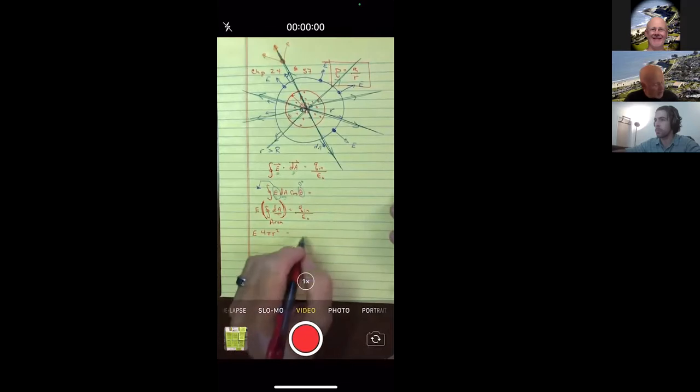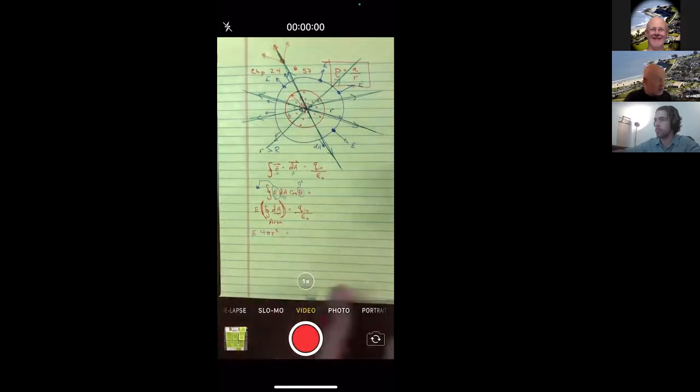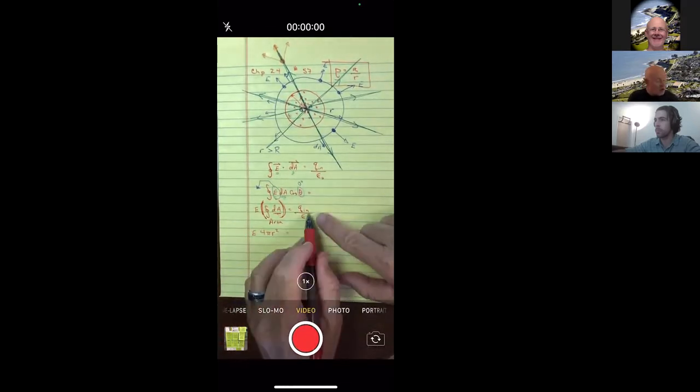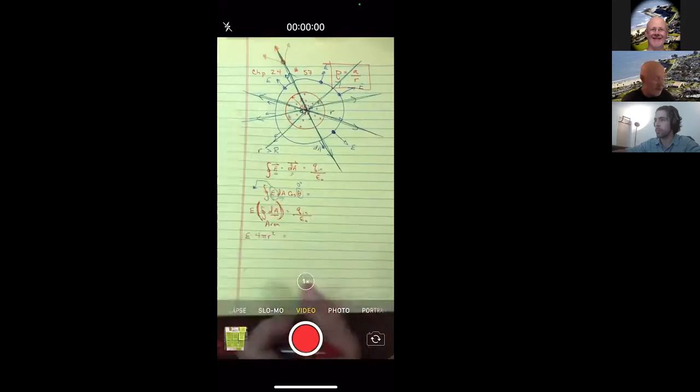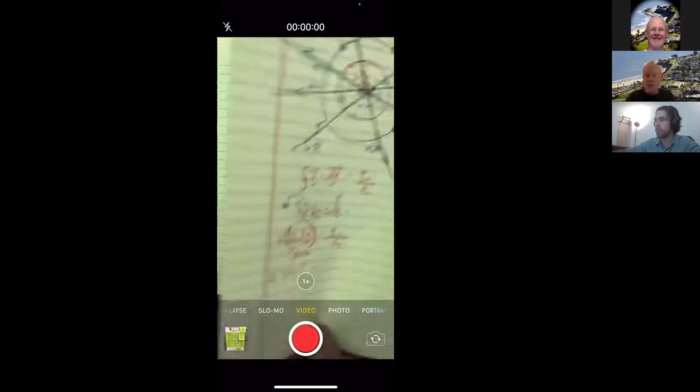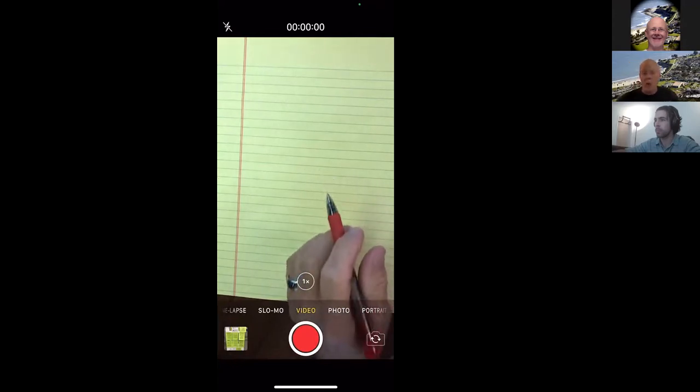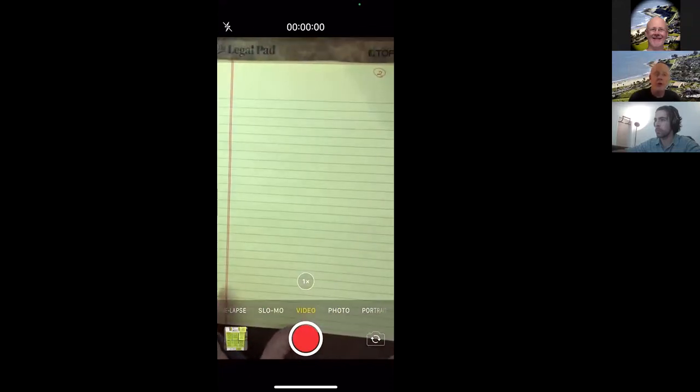Now, this is where I'll pause and go to another sheet of paper, because how much charge is enclosed is going to take a little more thought. So let me move this over and call that page 1. Over here, I have page 2.